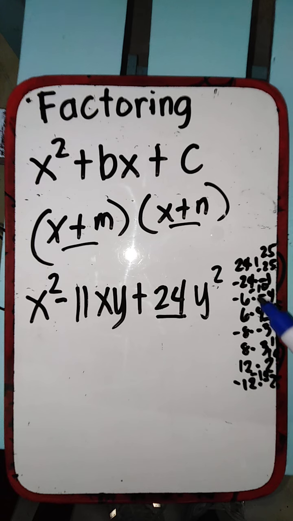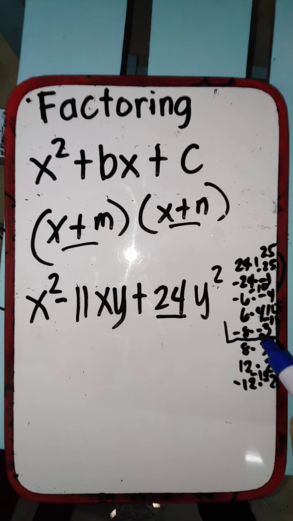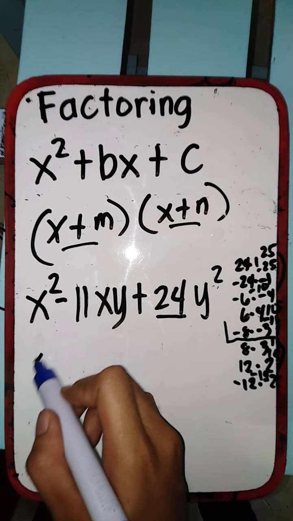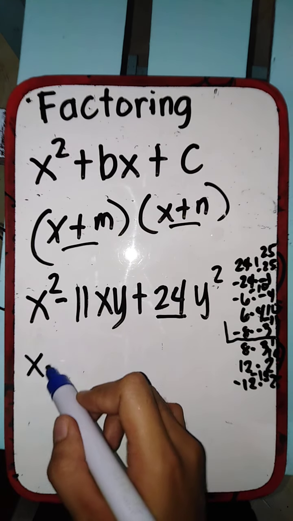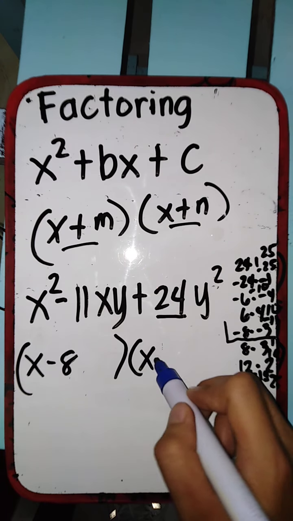So, which factor of 24 here has the sum of negative 11? There it is, right? Negative 8 times negative 3 is positive 24. And negative 8 plus negative 3 is negative 11. So that is our factor. So, we have x minus 8 and x minus 3.